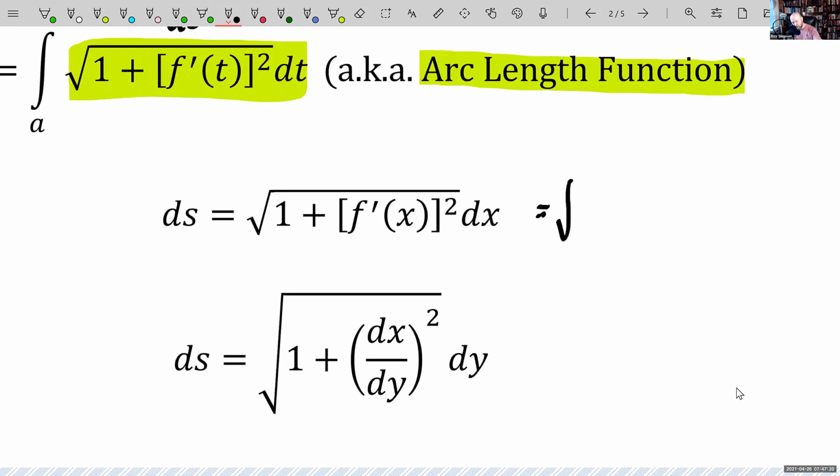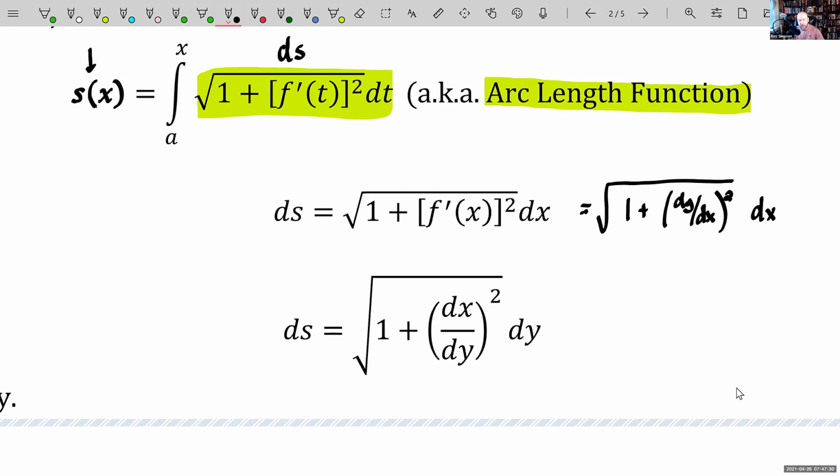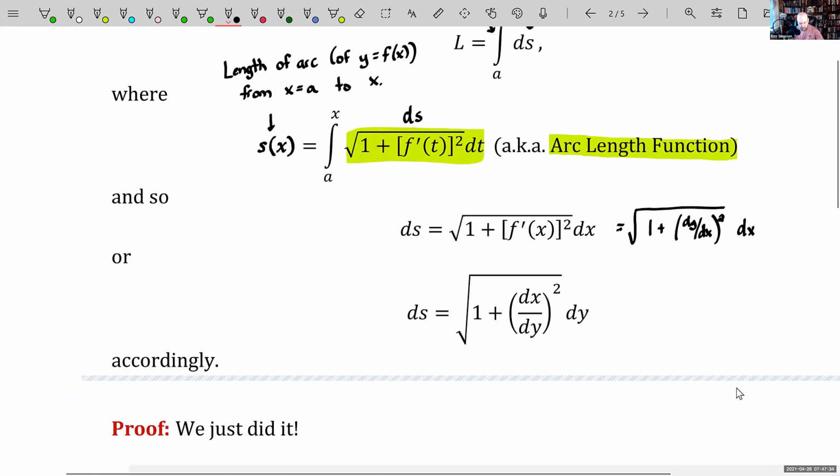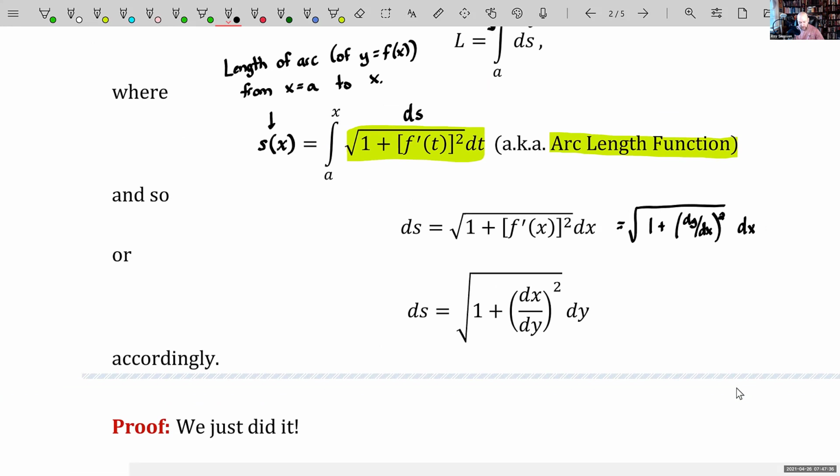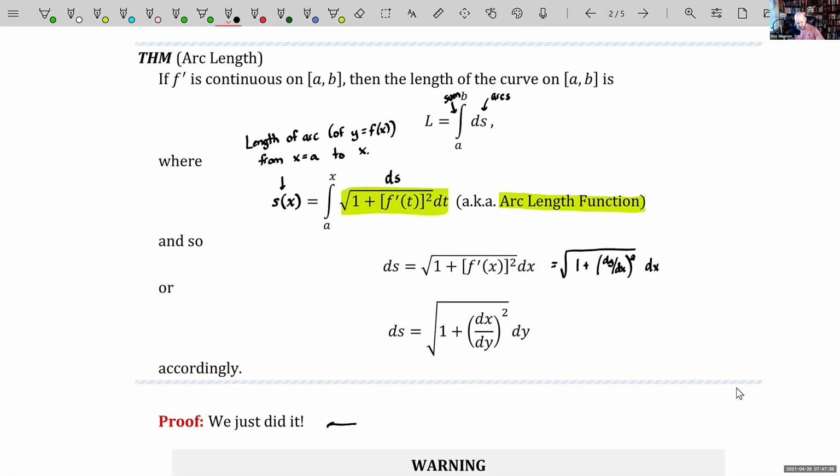That's the square root of 1 plus dy/dx squared dx. Or if you're integrating with respect to y, it's the square root of 1 plus dx/dy squared dy. We actually proved that. So, in fact, that's what I write here. Proof, we just did it.